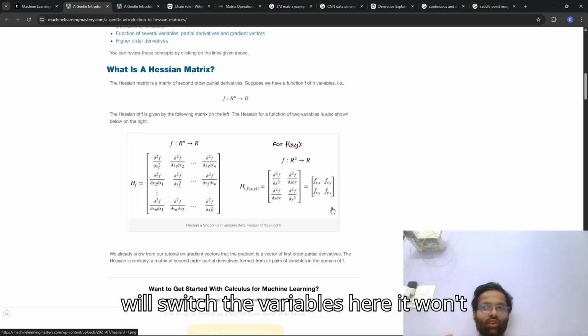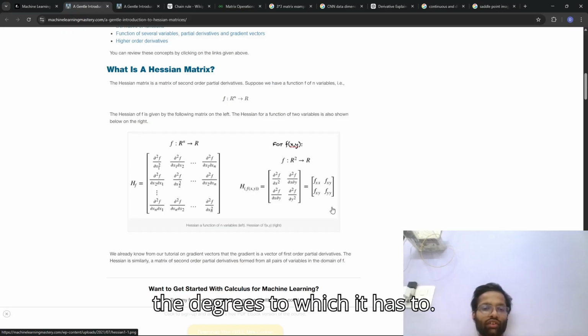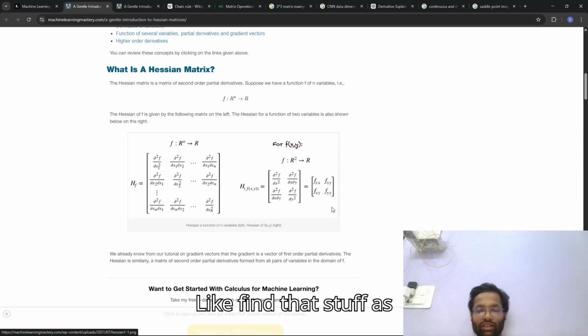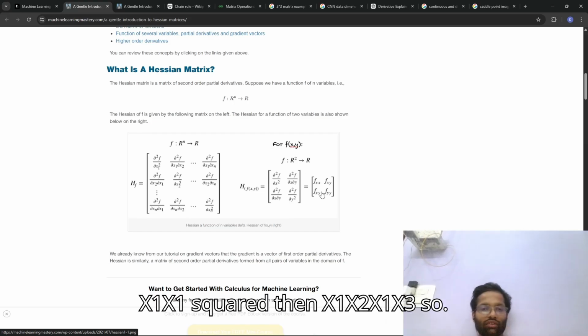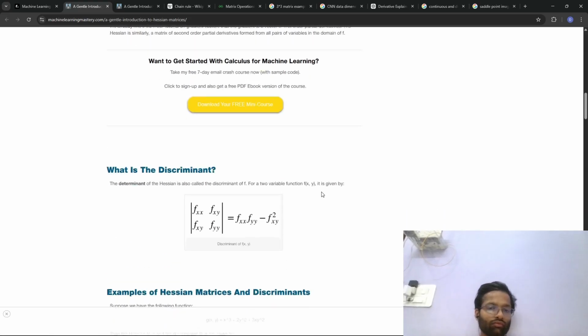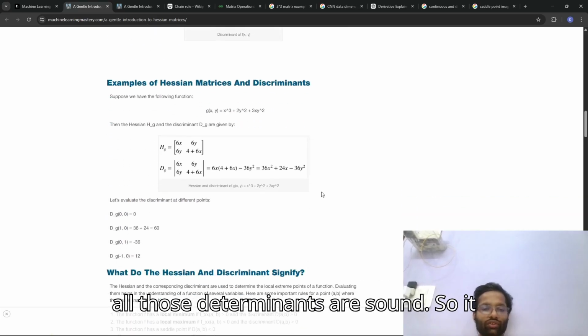What happens in Jacobians is it won't switch the variables, it's just switching the degrees to which it has to find that stuff as well. So based on that x1, x1 square, then x1, x2, x1, x3, so on till the very end and then calculate all those determinants and so on.